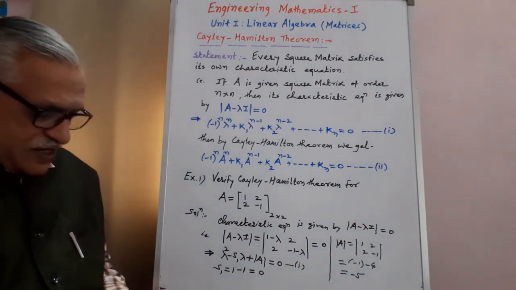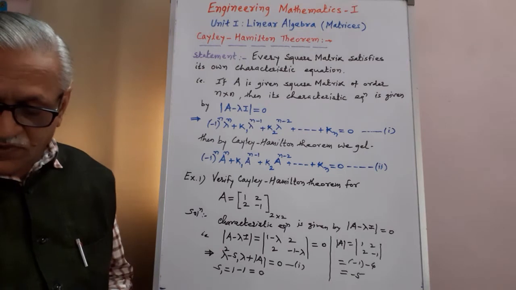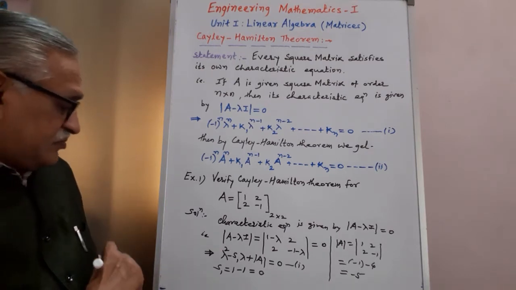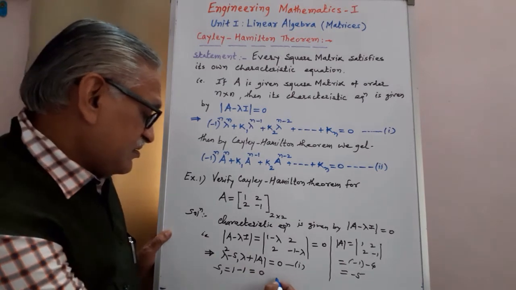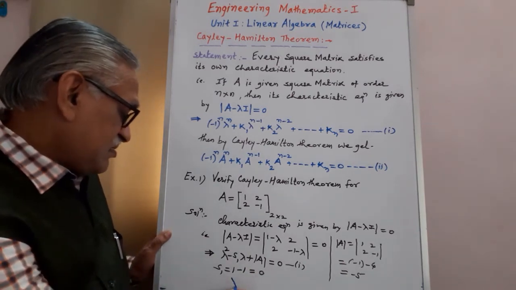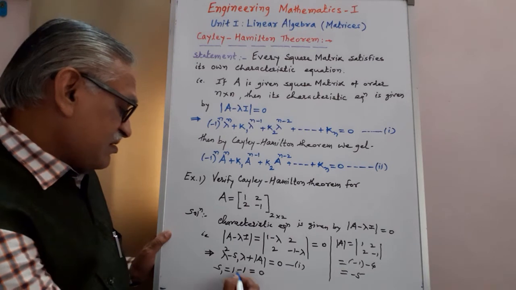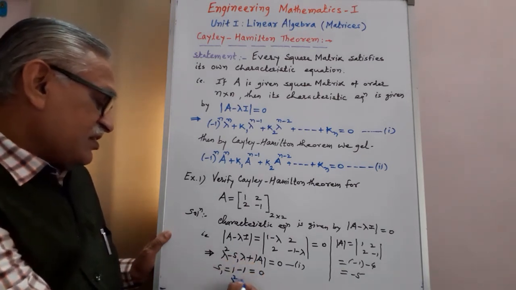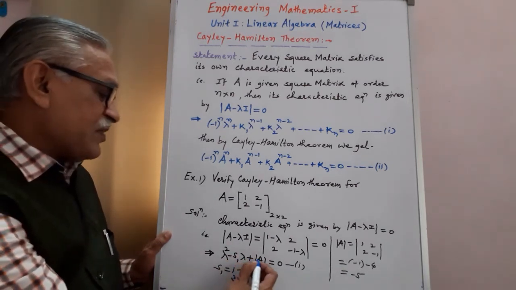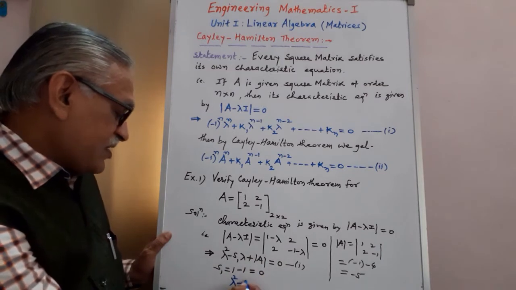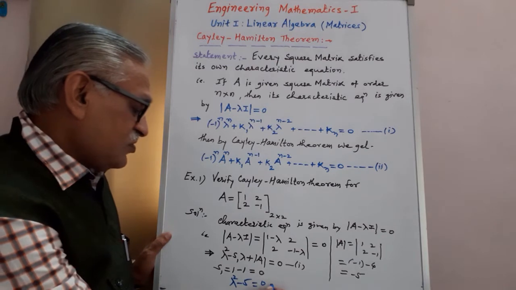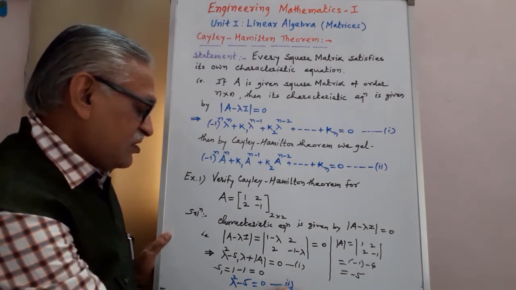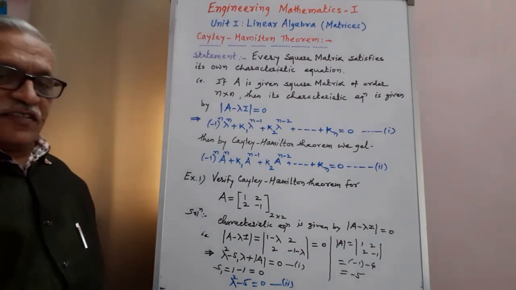the equation becomes lambda square minus S1 lambda, which is 0 lambda, plus determinant of A, whose value is here minus 5, equals 0. This is the characteristic equation.